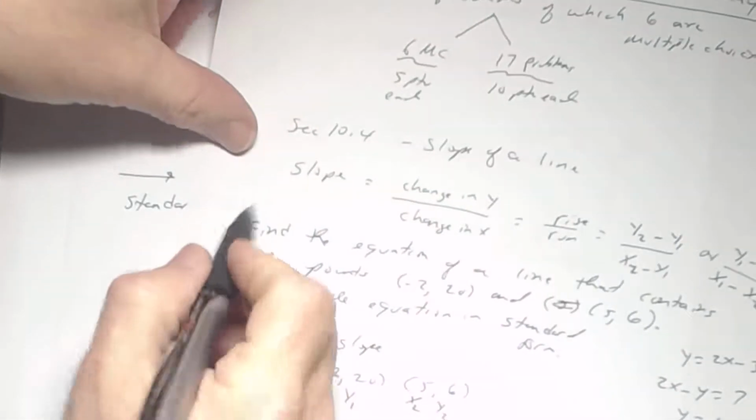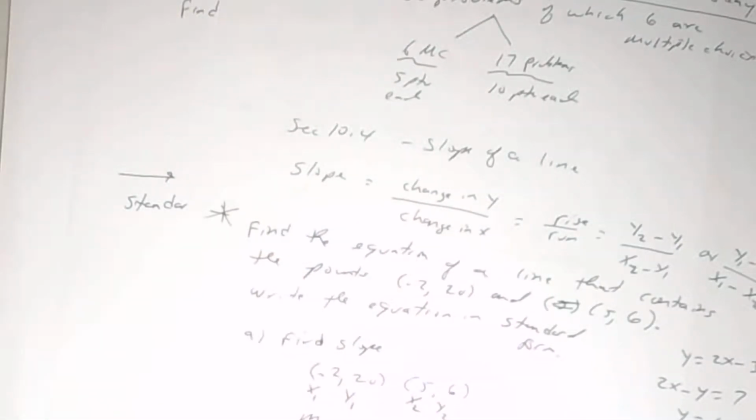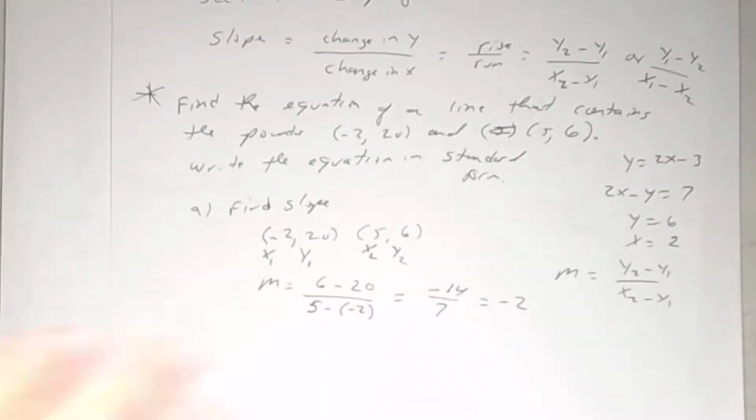All right. So here's how you're going to do this. Let's go back to the problem we're working on. In your final, you're going to have a problem that says, find the equation of a line that contains the points, and these are the points I'm using. Your final is going to be different points. -2, 20 and 5, 6. And it's going to say, write the equation in standard form. First thing you're going to do is find the slope.